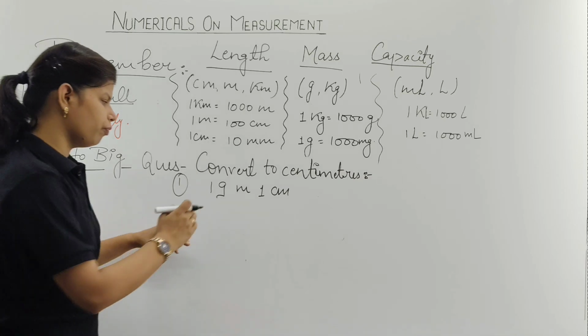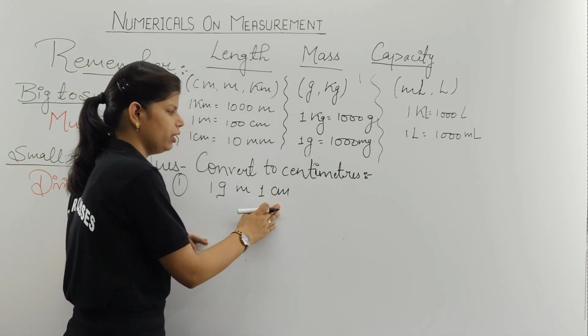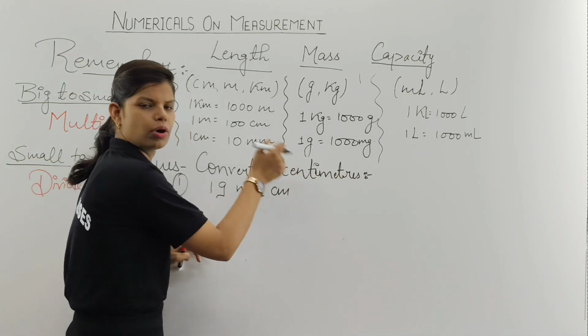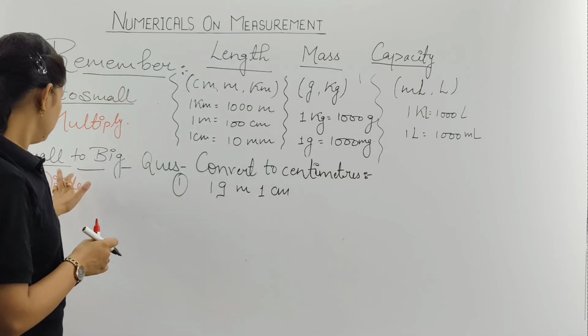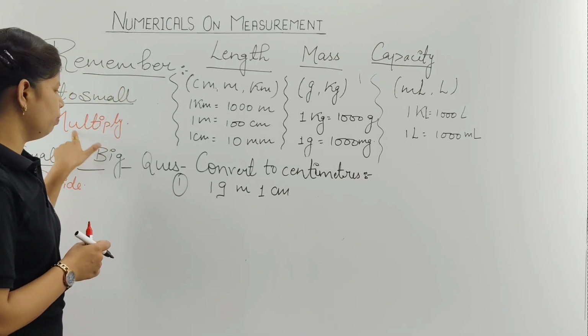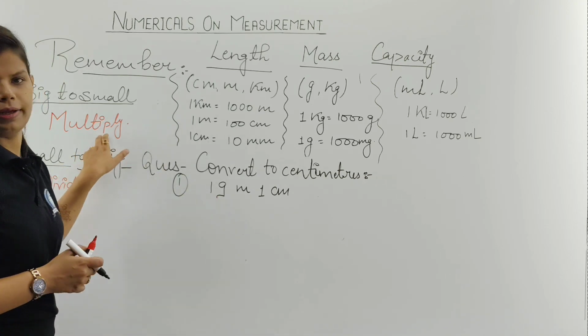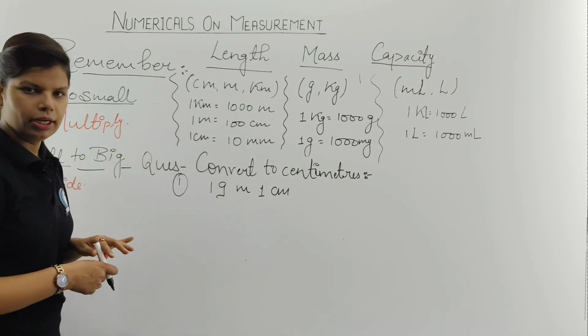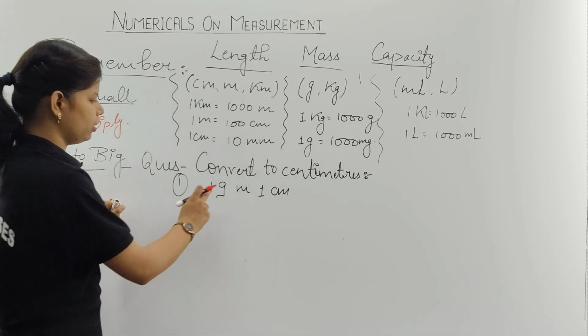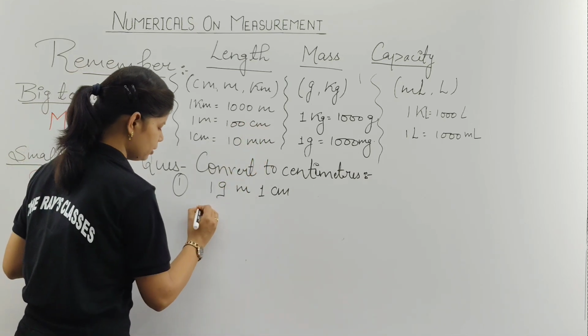Here we have one bigger unit and one smaller unit. Overall we have to convert it to the smaller one. Which operation will we apply? Big to small, for which we apply multiplication. Do you get my point? So you have to convert meter to centimeter first.